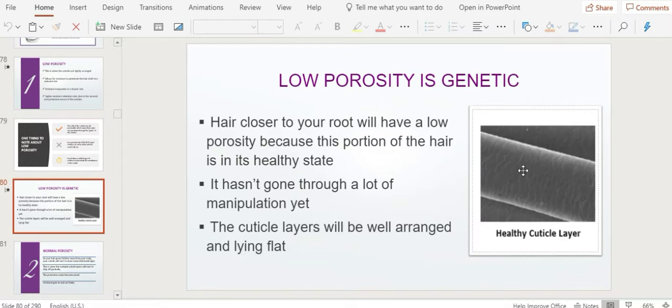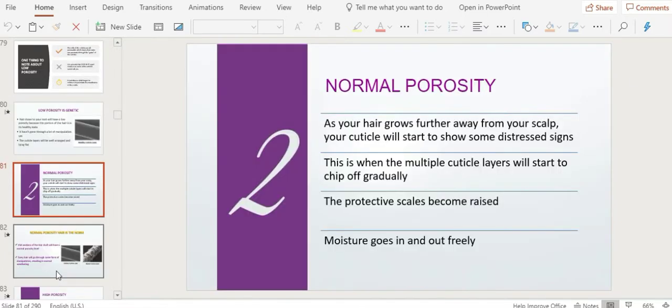Also, hair closer to your roots hasn't gone through a lot of manipulation yet, because it is probably just a few weeks or a few months old. So the cuticle layers will be well arranged, and because of that, you're going to have low porosity at the hair towards your root, so it is completely normal.